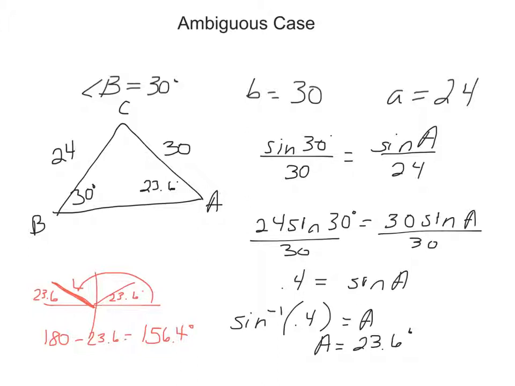Now if I looked at that with my triangle, with my 30-degree angle, is that possible to have 156.4 and a 30 degree? While my triangle picture doesn't make sense, the angles also don't make sense because that adds up to more than 180, and we know a triangle has to be 180 degrees for all three angles. So that is not a possible angle, and so we have one triangle here.